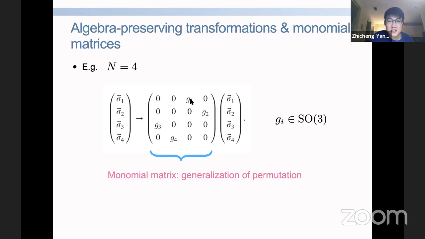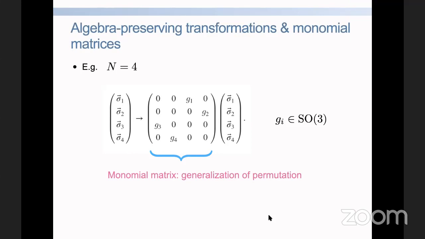Suppose I replace G1, G2, G3, and G4 just by identities, then this would be a permutation matrix, and this is an element of S4. But actually, when you permute, you also do single spin rotations. So the group is not just the permutation group. It's a semi-direct product of the diagonal G1 through G4 with the permutation group.